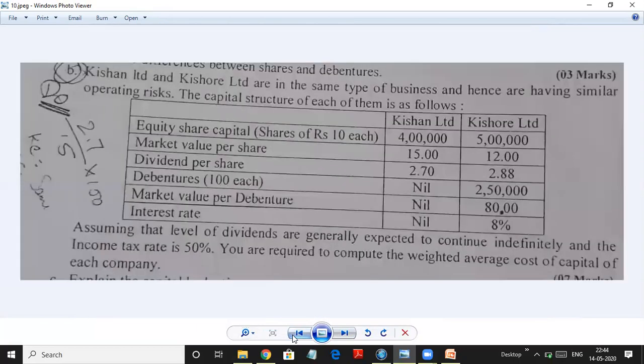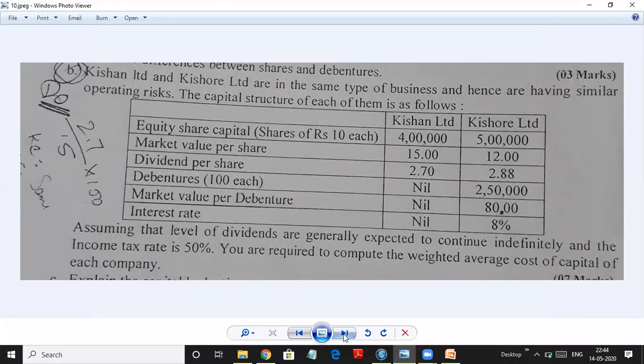they have said interest is 8%, and here if you see debentures 100 each, that means face value is 100. On 100 face value, 8% is 8 rupees, and the net proceeds, that is the market value per debenture or the saleable value, is 80 rupees.